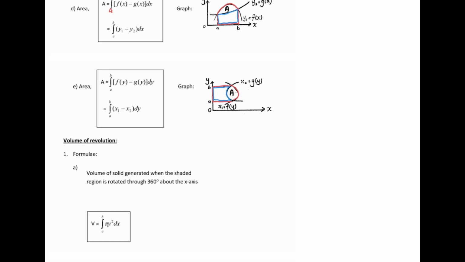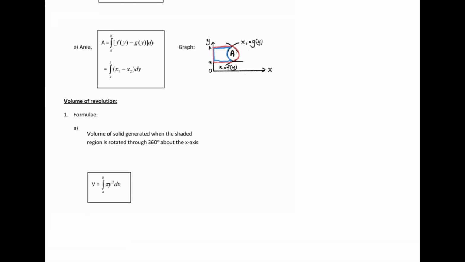So we move on to volume of revolution in detail, case by case, to know all kinds of scenarios. Okay. So volume of solid generated when the shaded region is rotated through 360 degrees about the x-axis. This is the first scenario. Rotate about the x-axis.